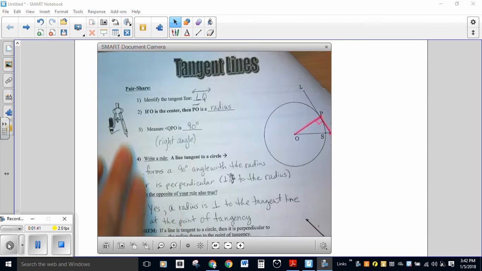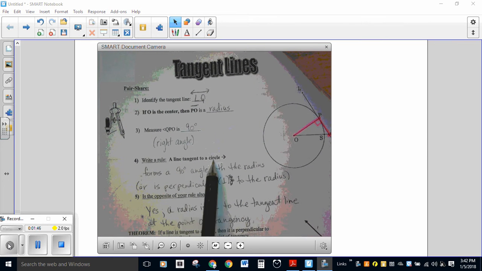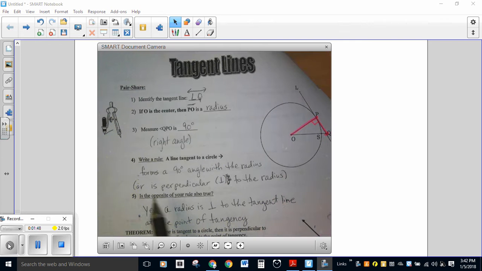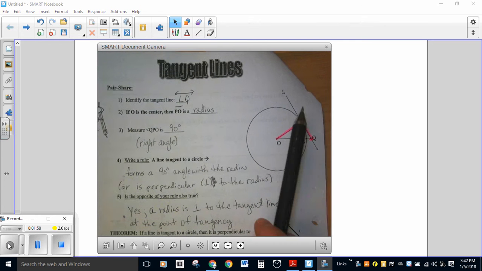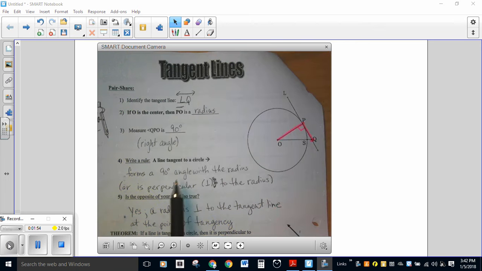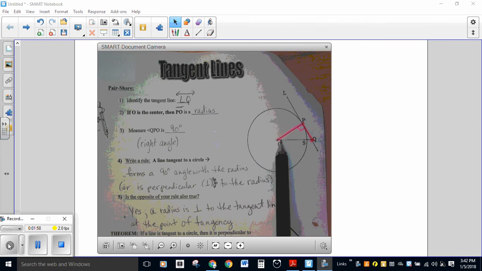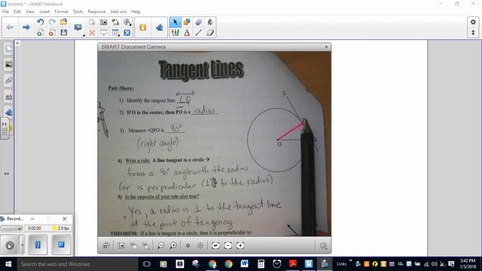Okay, based on that information, it says write a rule. It says a line tangent to a circle, and I know some people said that it intersects the circle at 1 point, which is fine. But what they're wanting to do is go back to that 90-degree angle. So since it forms a 90-degree angle with the radius, then we say that it is perpendicular to the radius.